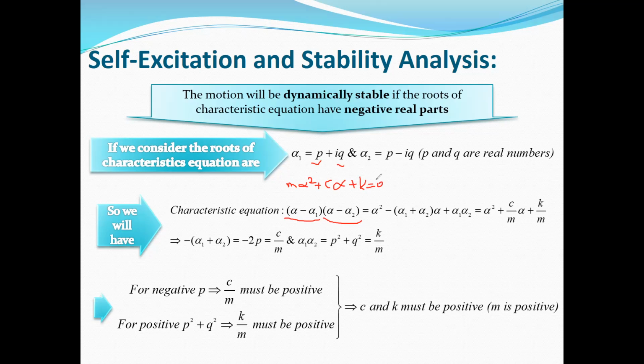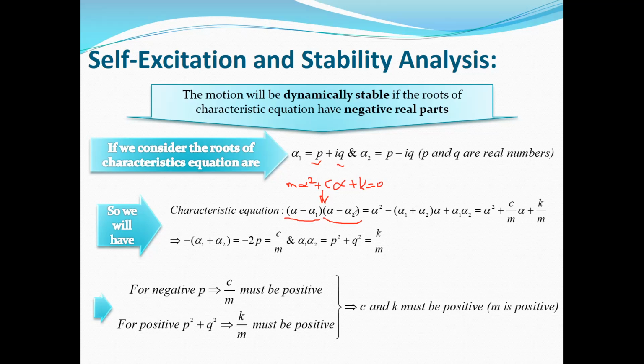This is the characteristic equation, and we know that its roots are alpha 1 and alpha 2. So we can rewrite this equation in this form, because we assume that alpha 1 and alpha 2 are the roots of this equation.